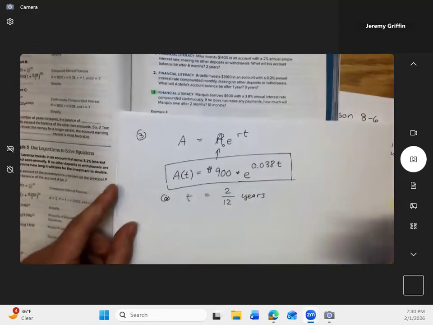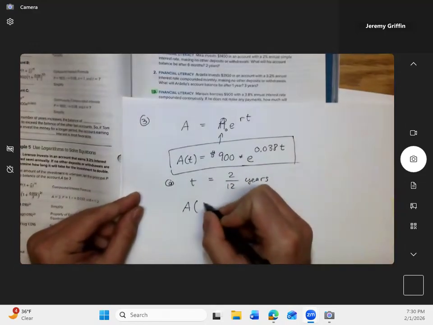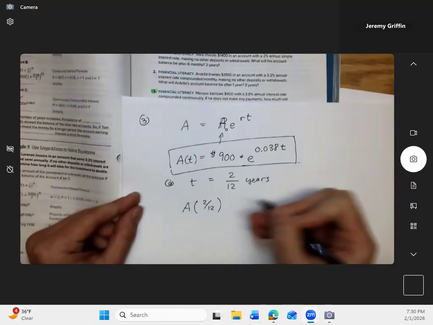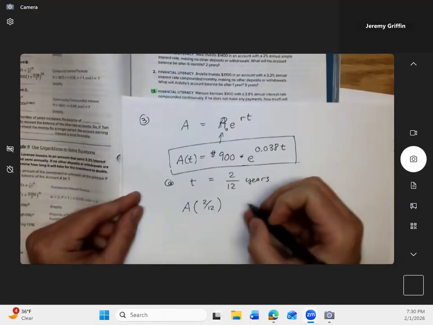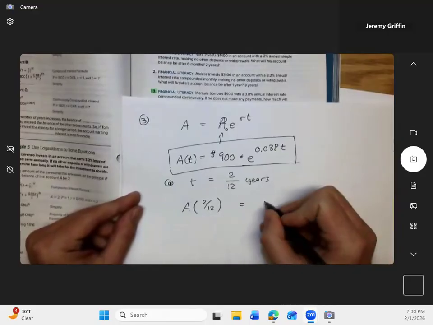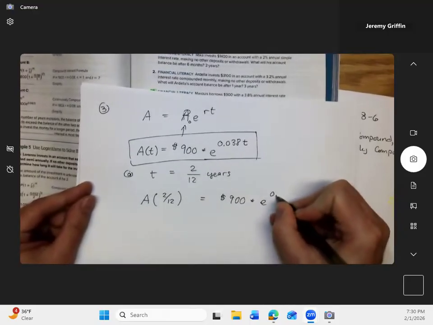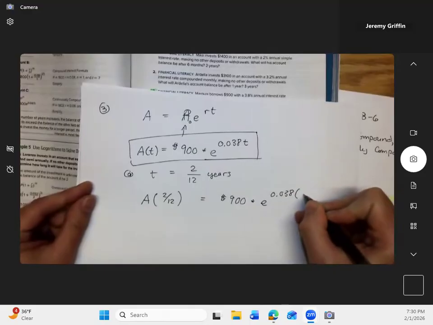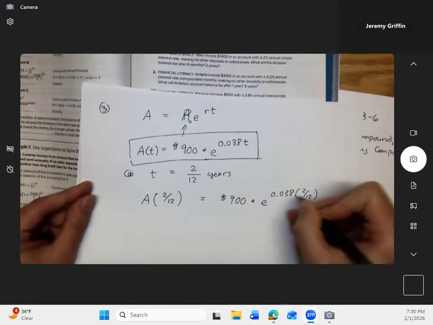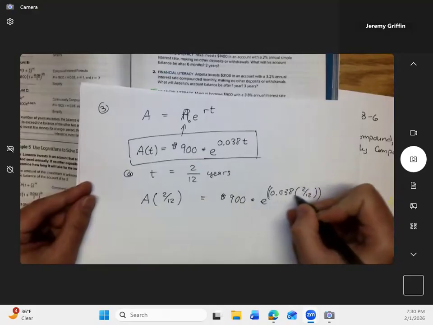So A of 2 months out of 12 months in a year, 2/12 of a year. This function equals $900 times e to the 0.038 times 2 on 12, all in parentheses.